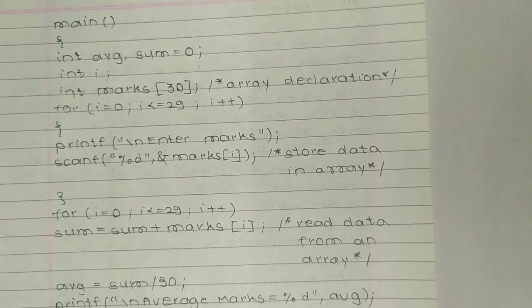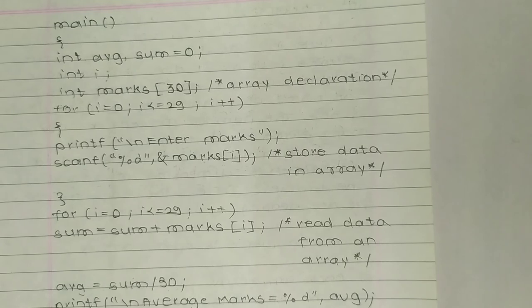Marks is an array, and i is written because in the for loop we have written i and we have already declared i as an integer. Store data in an array, that is the comment.